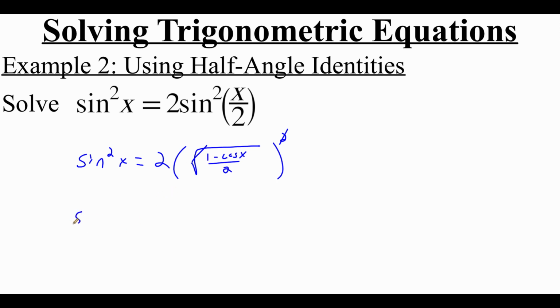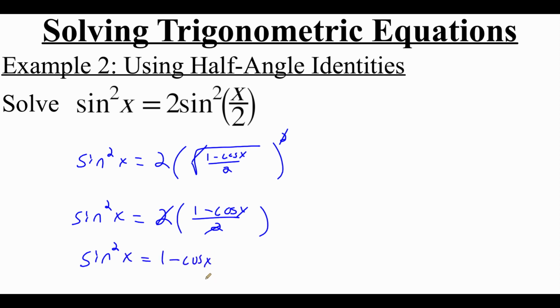So then what we're going to have is the sine squared of x equals 2 times 1 minus the cosine of x over 2. Now this times 2 and this divided by 2 are also going to cancel each other out. So now we've got ourselves the sine squared of x equals 1 minus the cosine of x.